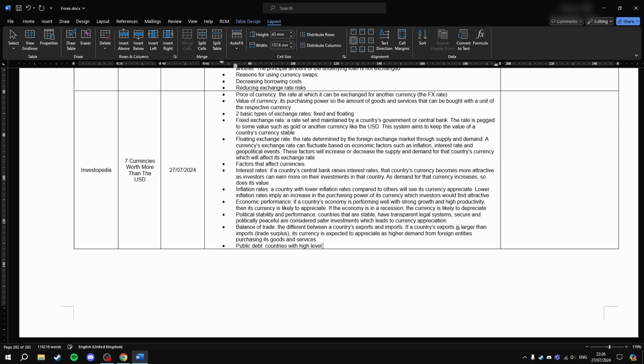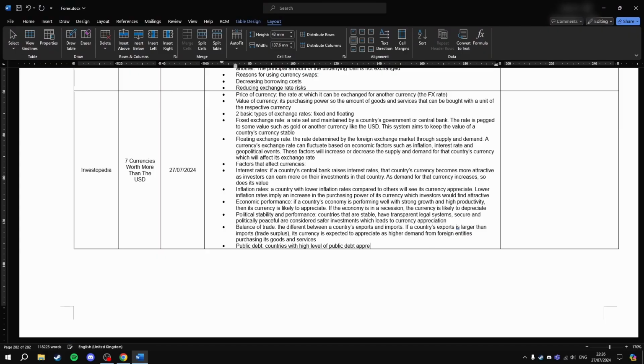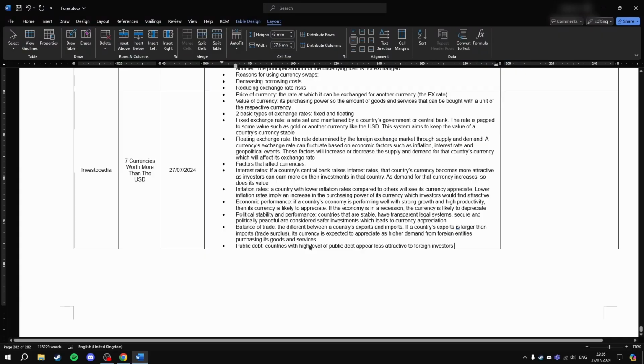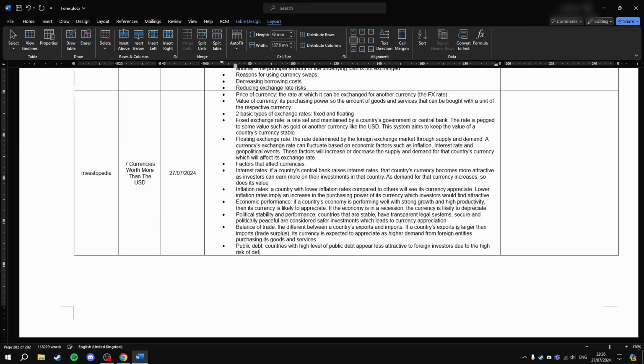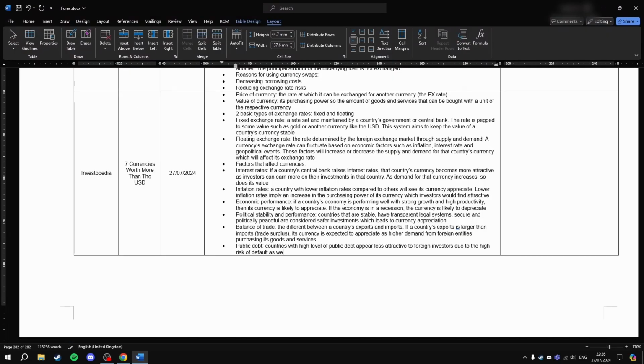Countries with a high level of public debt appear less attractive to foreign investors due to the high risk of default, as well as the possibility of inflation.